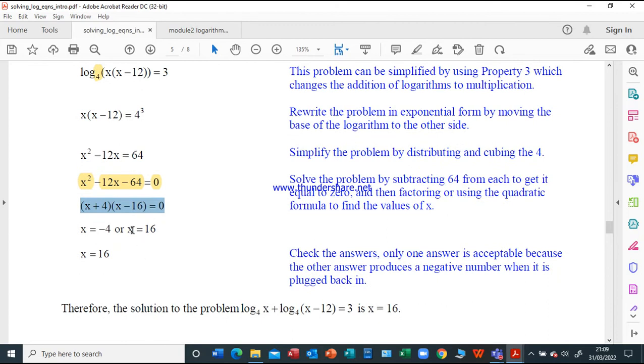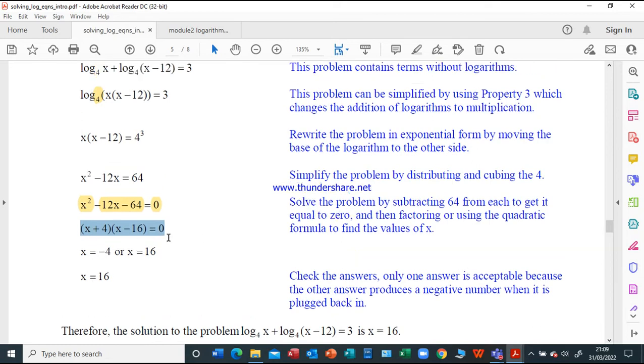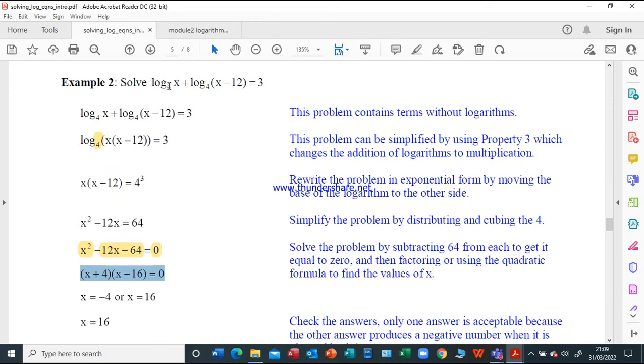so check again, you do a check. With negative 4 and 16, if you plug in negative 4 in the original equation, you get log base 4 of negative 4.